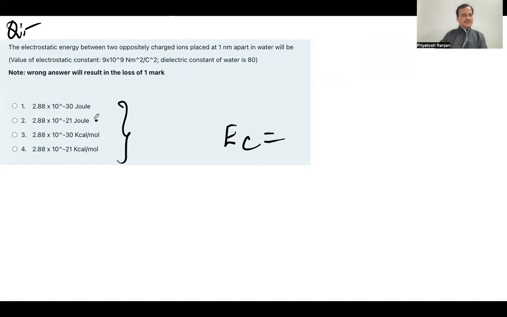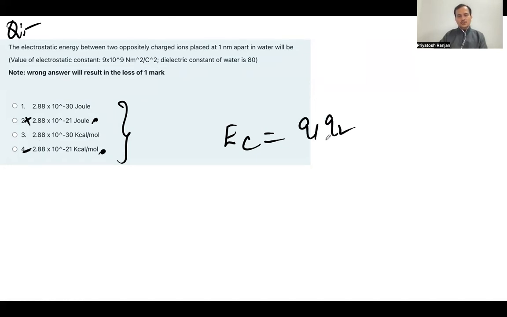I think the two options are getting repeated. One should be plus, one should be minus. If I am right, anyway, we will solve this problem.